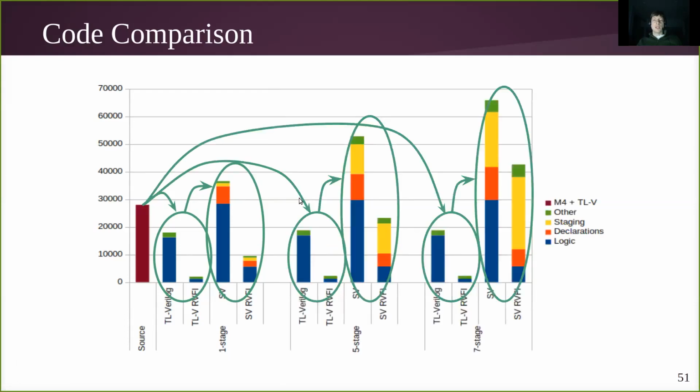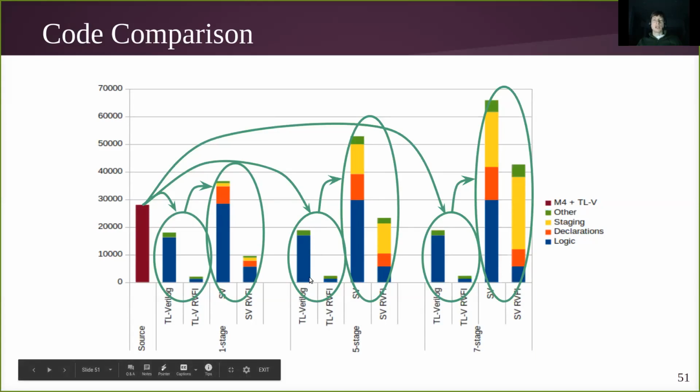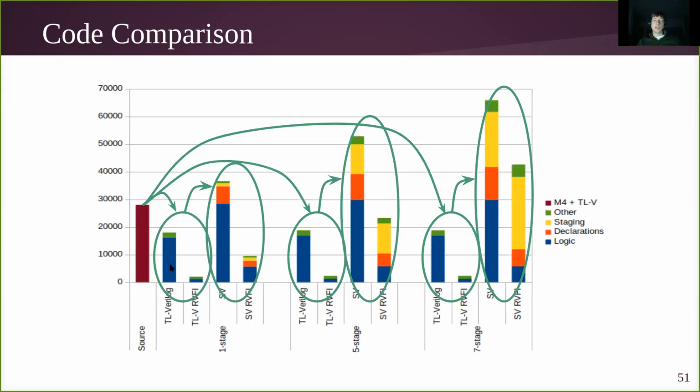Looking at other implementations, a 5-stage and a 7-stage, you can see that the transaction level Verilog logic looks almost identical. Not only is it the same amount of code, it's almost the same code, basically. It's the @ designations, for the most part, that are different. And likewise, the test harness is the same.